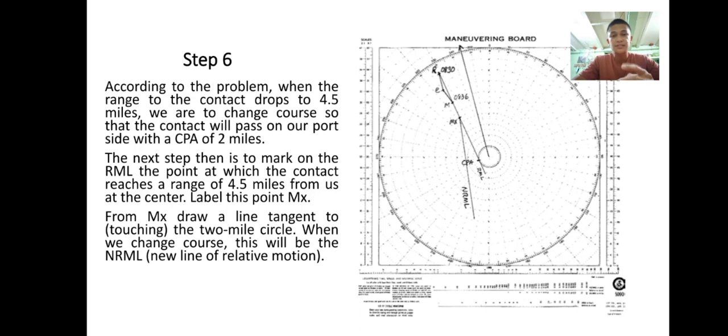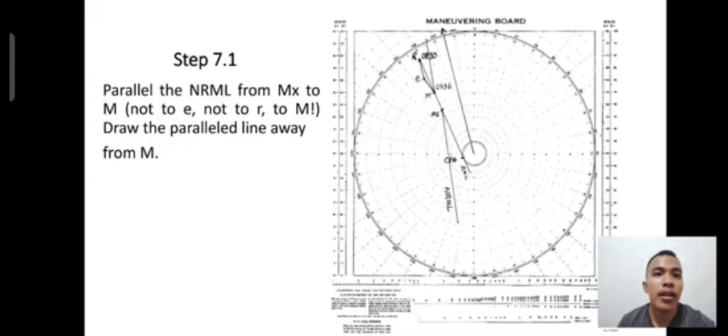From MX, draw a line tangent to the 2 miles circle when we change course. This will be the NRML, the new line of relative motion. Parallel the NRML from MX to M, not to E, not to R, to M. Draw the parallel line away from M. Next slide.